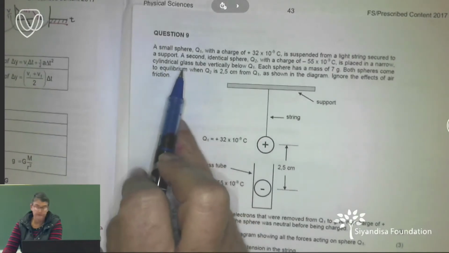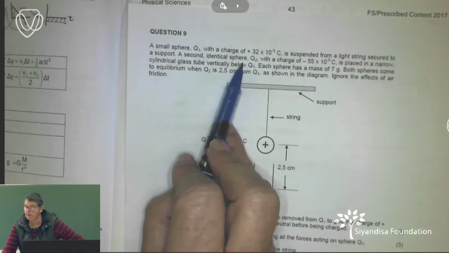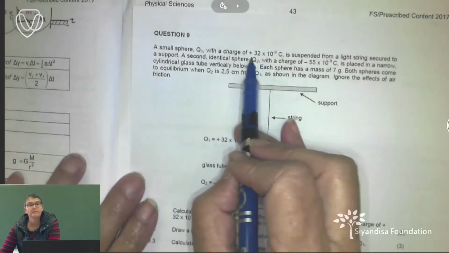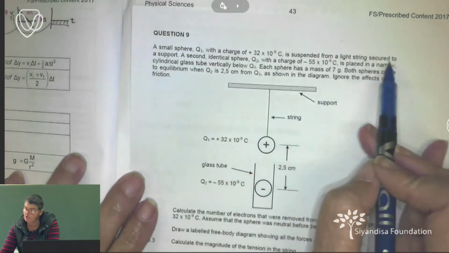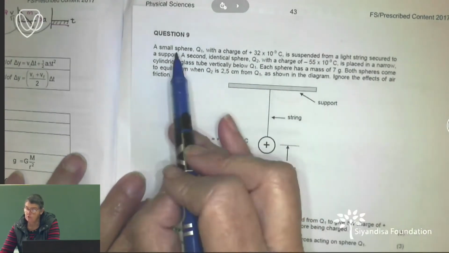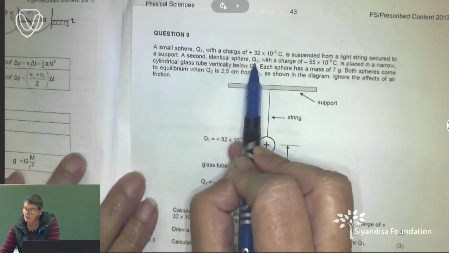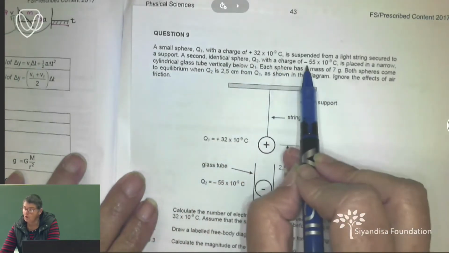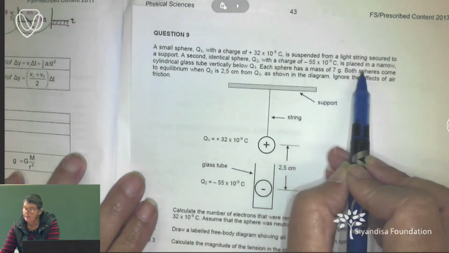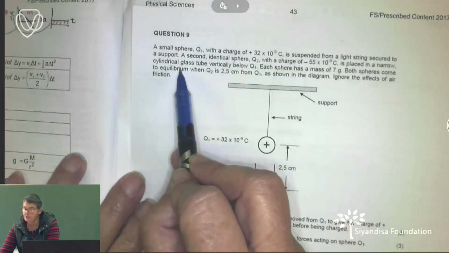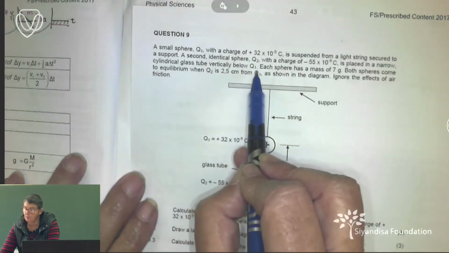A small sphere, Q1, with a charge of positive 32 times 10 to the negative 9 coulomb, is suspended from a light string secured to a support. A second identical sphere, Q2, with a charge of negative 55 times 10 to the negative 9 coulomb, is placed in a narrow cylindrical glass tube vertically below Q1.